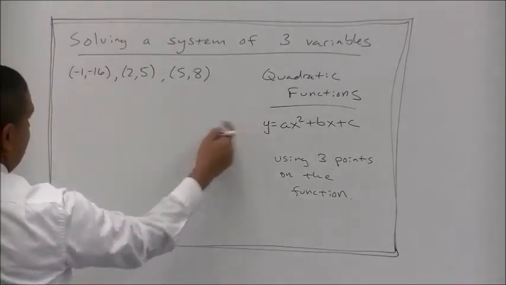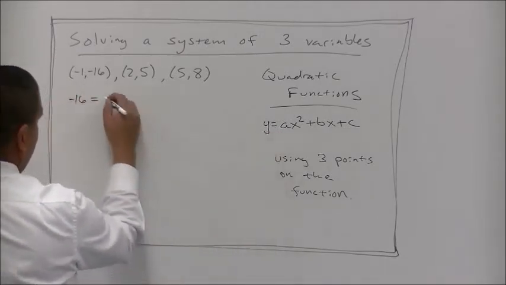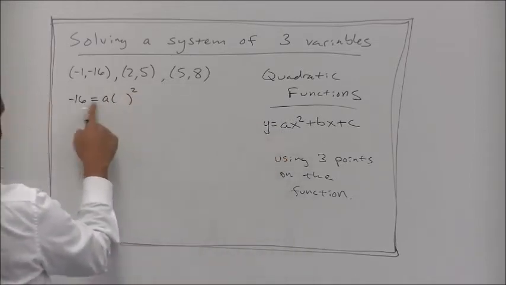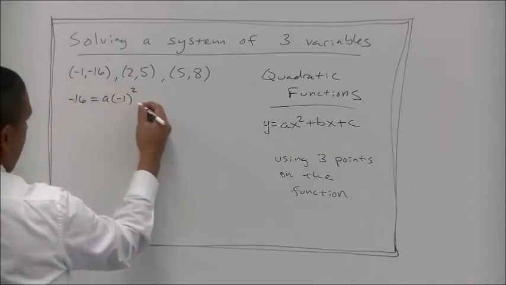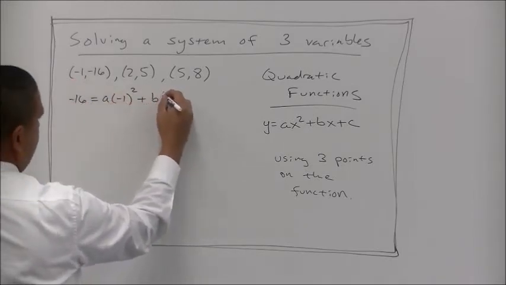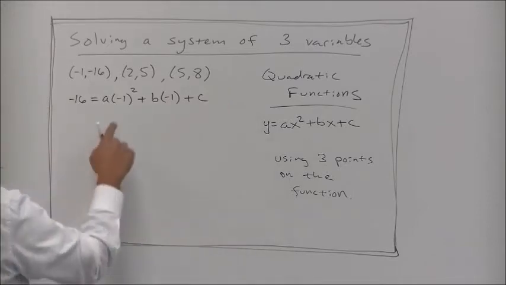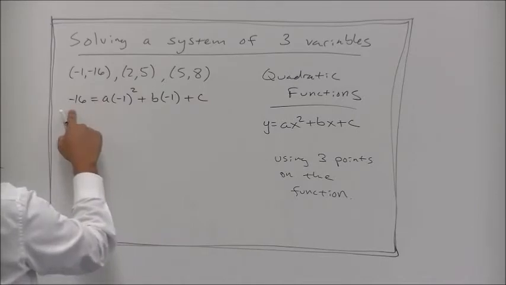You got negative 16 equals a times x squared. Which x goes with negative 16? Negative 1. And plus b times negative 1 plus c. So ax squared plus bx plus c, and there's our y.